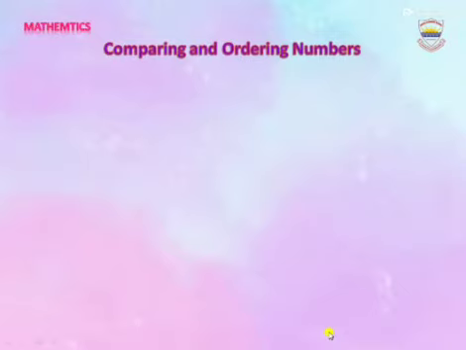Now we will be comparing number up to 1000. The best way to compare large number, compare each place value starting from the leftmost digit. For example, we have the number 827 and 632.